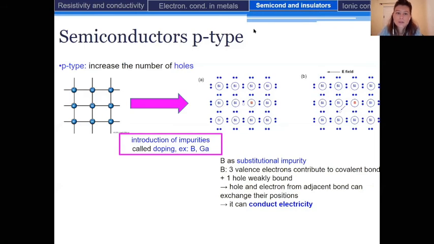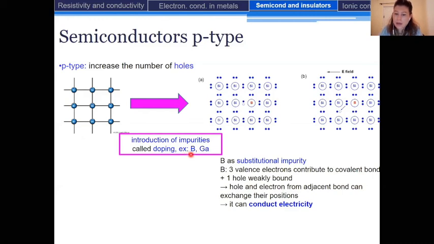Now let's talk about P-type semiconductors. In P-type, we increase the number of holes. In that case, let's take the same silicon lattice, and we will introduce an impurity, also called doping, but this time we will choose a substitutional impurity that has a lack of electrons.